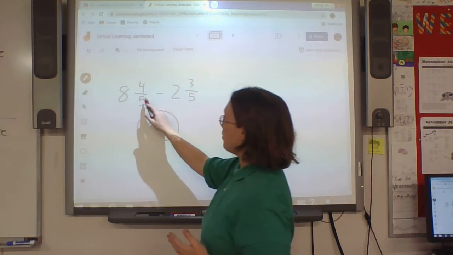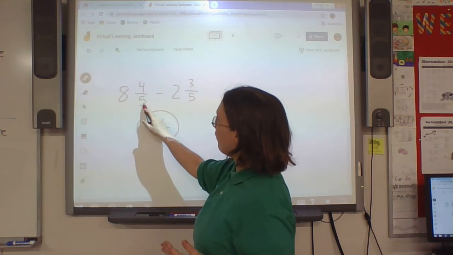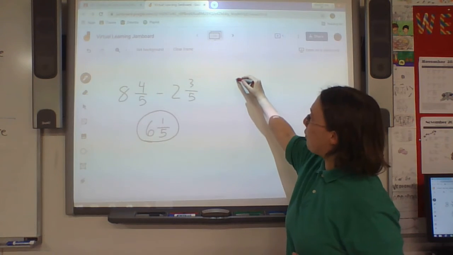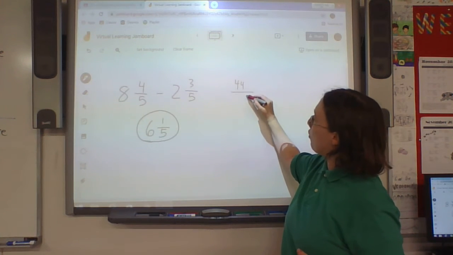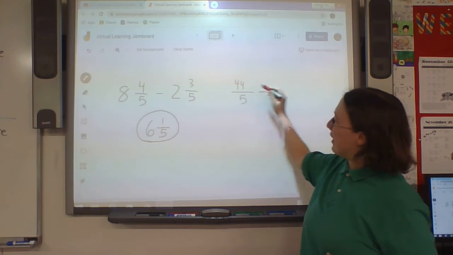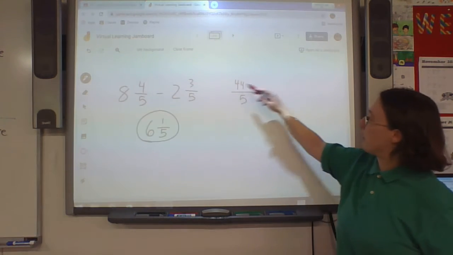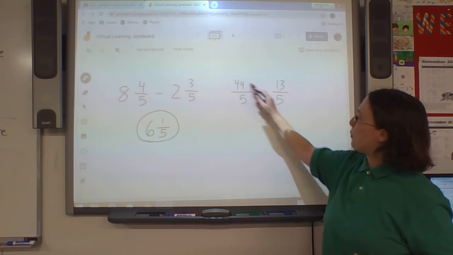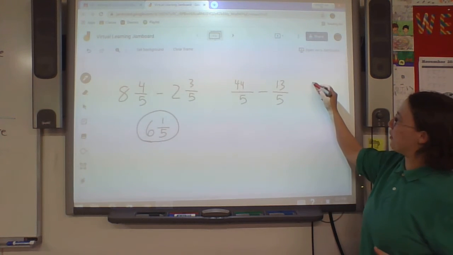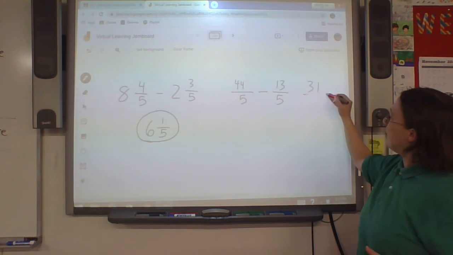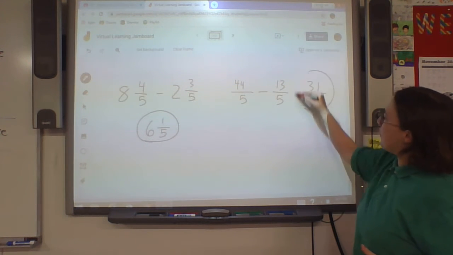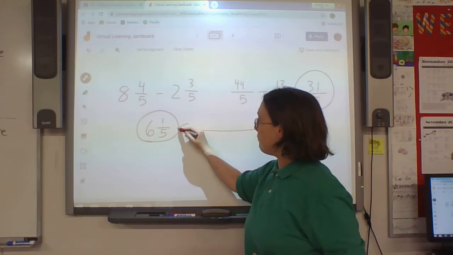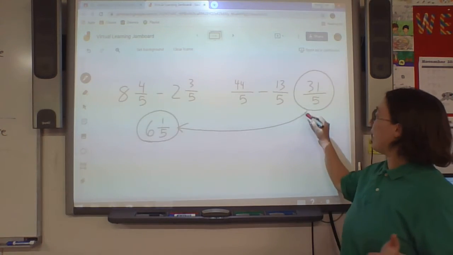Outside number times bottom plus your top, 8 times 5 is 40, plus 4 gets you 44 over 5. Minus 2 times 5 is 10, 10 plus 3 is 13. And 44 minus 13 is 31. If you left that as 31 fifths, that's okay. If you mixed numberify that back into 6 and 1/5, that's okay.